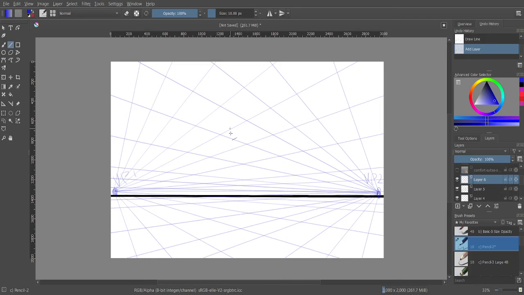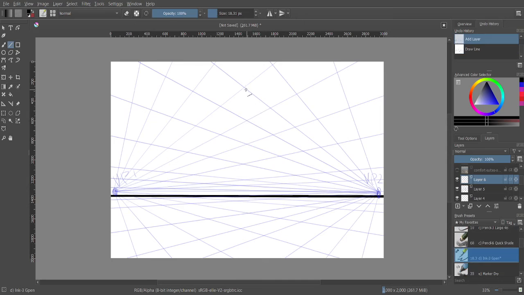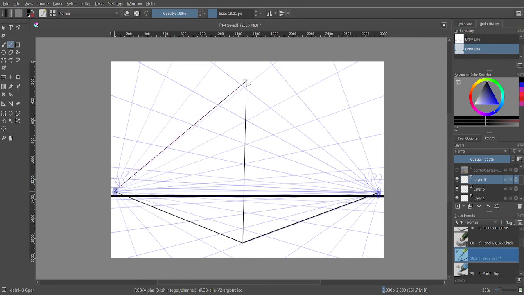Alright, and now that we have our vanishing points, I'm going to go ahead and draw our building, always remembering that only the vertical lines here are parallel. We'll draw a door right about here.